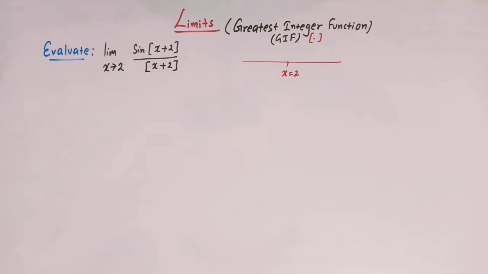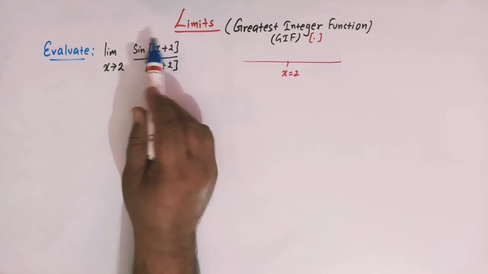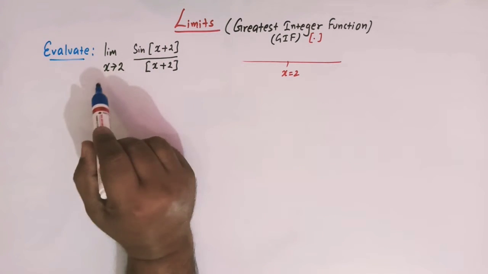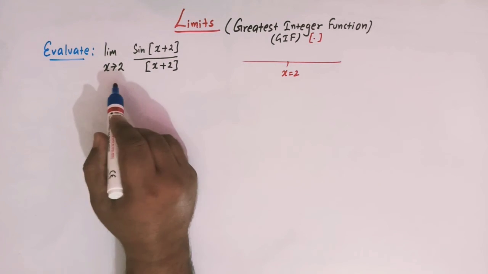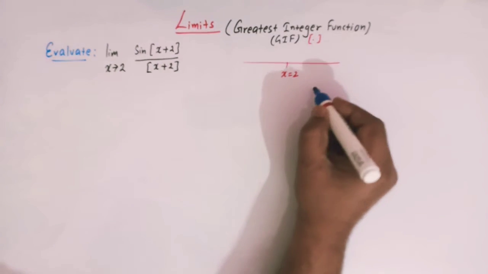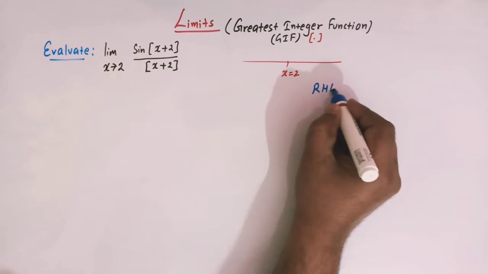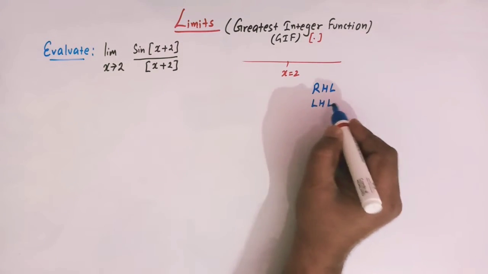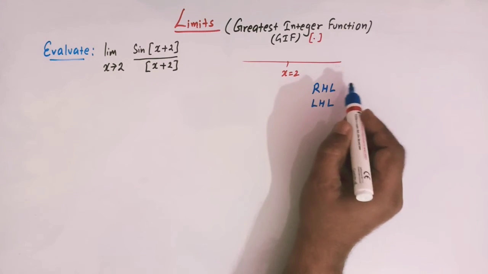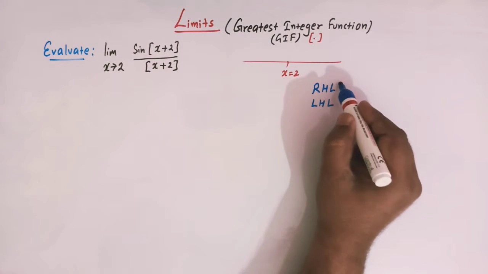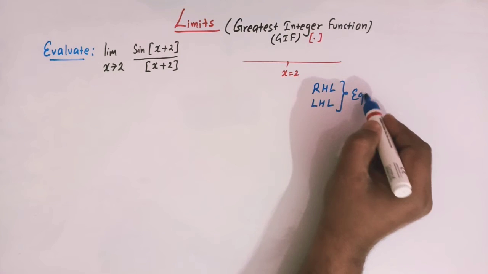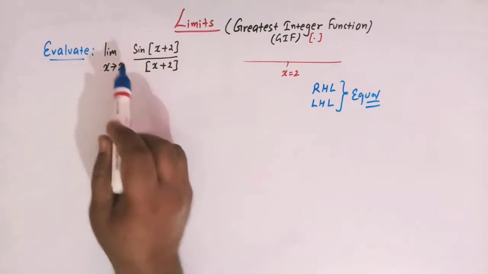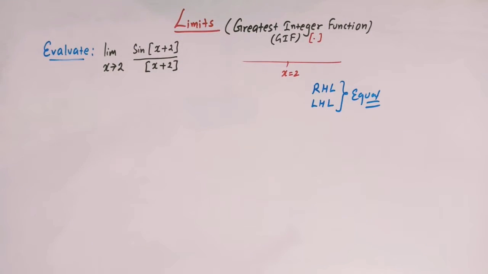Now from the concepts of limits, we know that the limit of a function exists at a given point if the right hand limit exists and is finite, and the left hand limit also exists and is finite, and moreover both these limits should be equal. Then we say that the limit of a function exists.